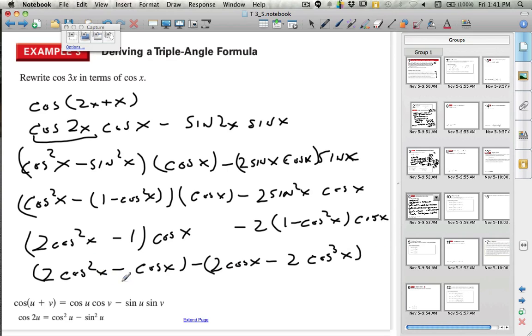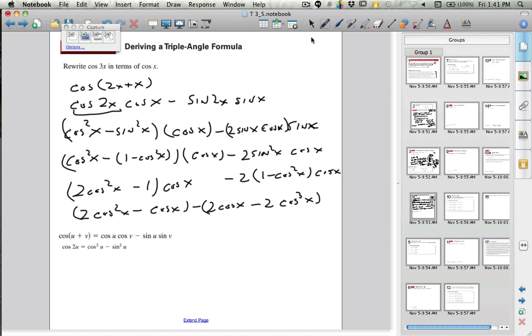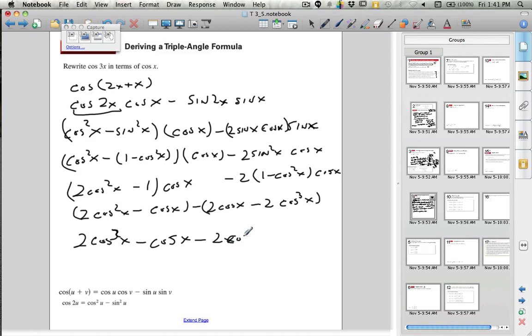And if I go ahead and simplify this now, I'll have 2 cosine cubed x minus cosine of x, minus 2 cosine x plus 2 cosine cubed x.